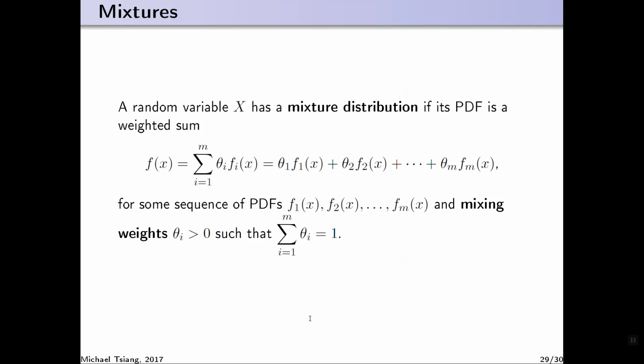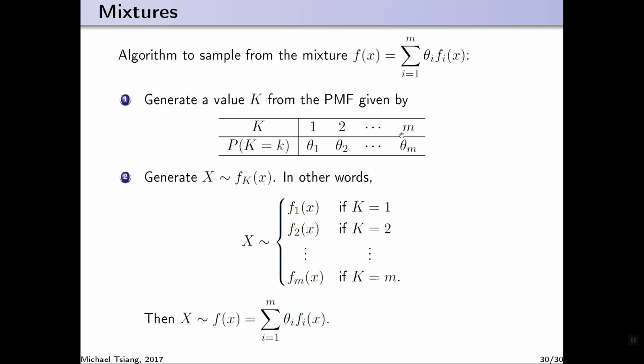If you have a more complicated mixture, like a mixture of m different components, which is entirely possible, you do basically the same thing.